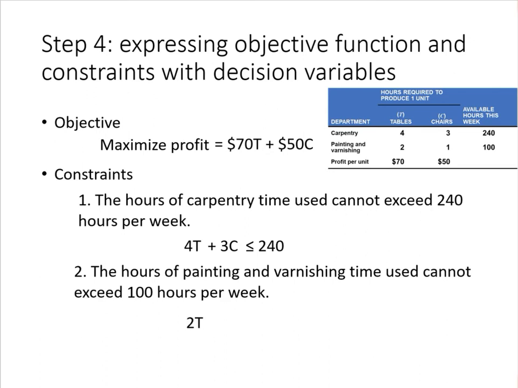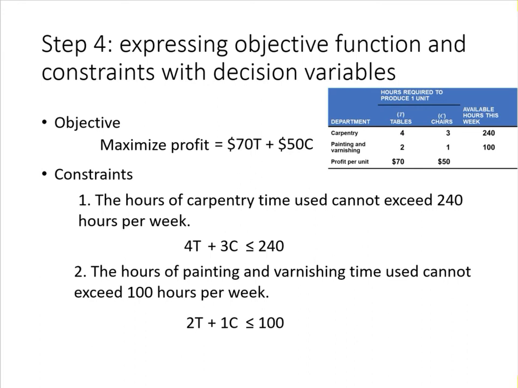Each table needs 2 P&V hours, so making T units of tables will require 2T P&V hours. Each chair needs 1 hour from this department, so making C units of chairs will require just 1C hours from this department. And again, the total hours used in this department cannot exceed 100 hours, so that means 2T plus 1C should be less than or equal to 100.